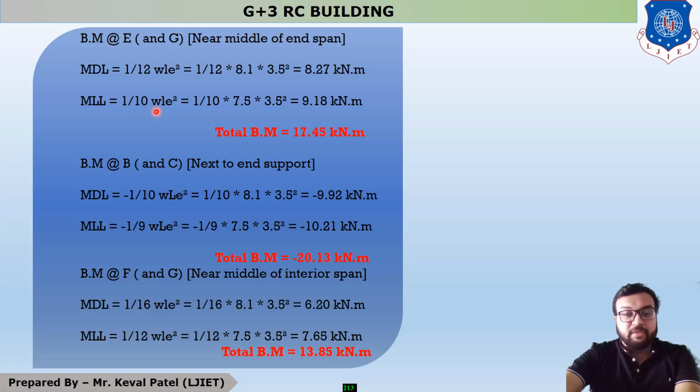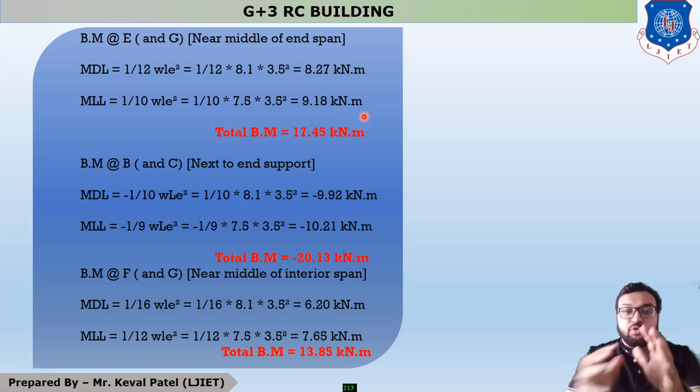Our value of W is 7.5, because our live load is 7.5. So this is 7.5 into LE. LE remains the same for all the spans, because the effective length of all the spans is 3.5. Divided by 10, you will get the answer 9.18 kilonewton meter.